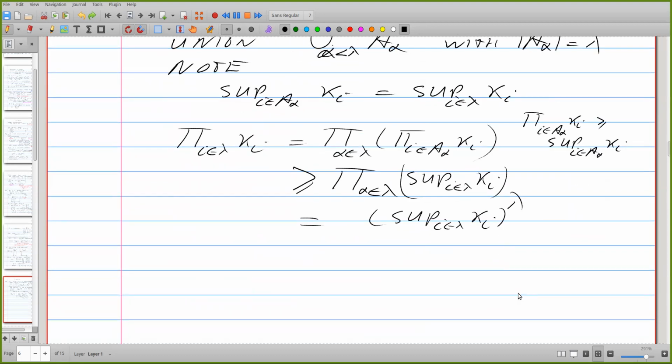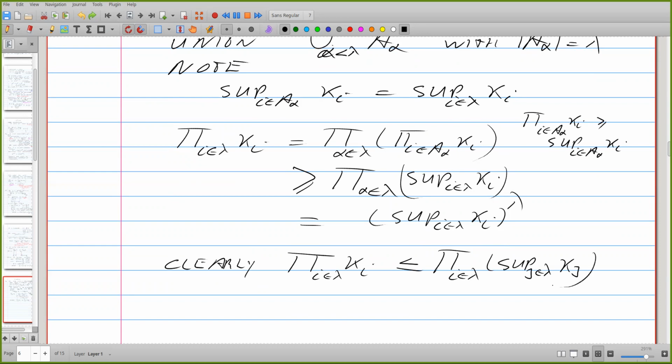But clearly, each individual kappa i is less than or equal to the supremum of the kappa j's.